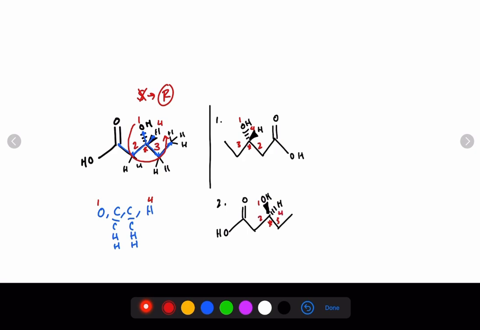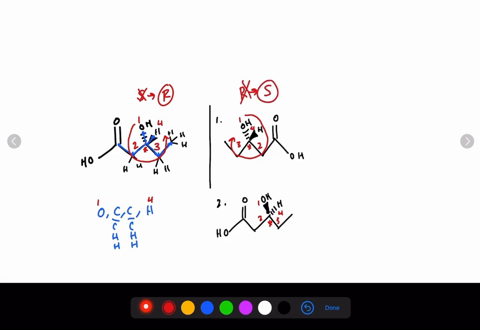Now for this top molecule, again, the hydrogen, our 4th priority group, is facing towards us. So we're going to find the RS configuration as normal, but then flip it so that it would be like the hydrogen was pointing away from us. So this molecule, it looks like it's clockwise, so R, but it's actually going to be S.